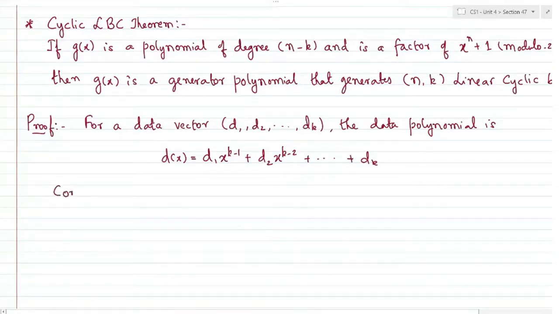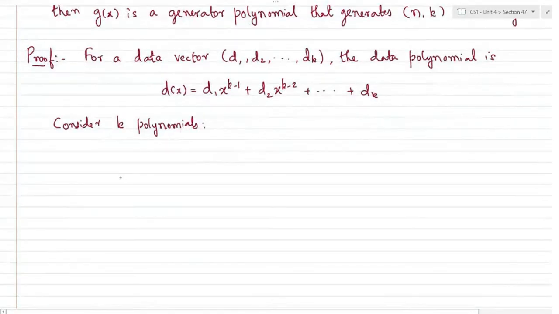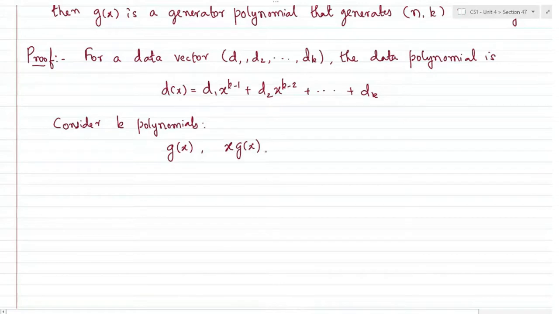Okay, let's consider k polynomials in this fashion, where the first polynomial we represent as g of x. Let us say another polynomial is obtained by multiplying with x, and we can keep on multiplying with x, and we can go up to x power k minus 1 times g of x.